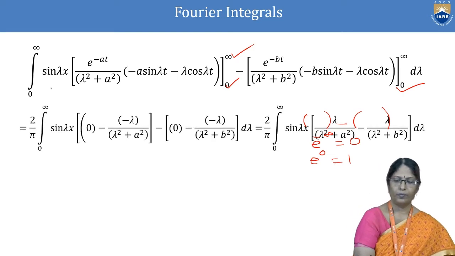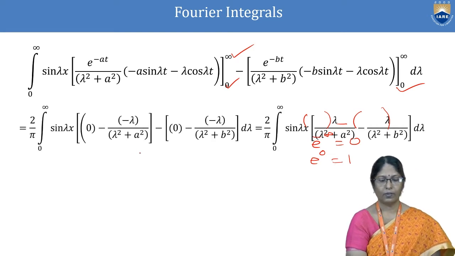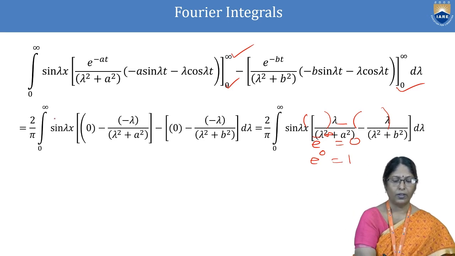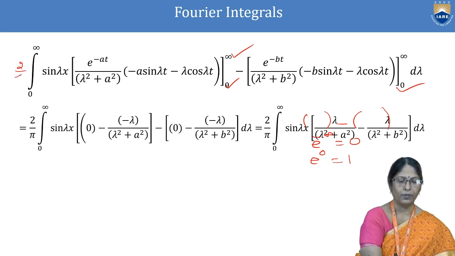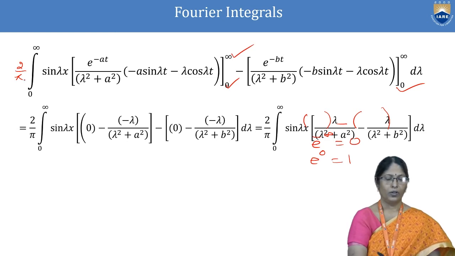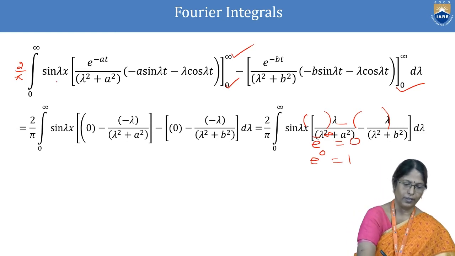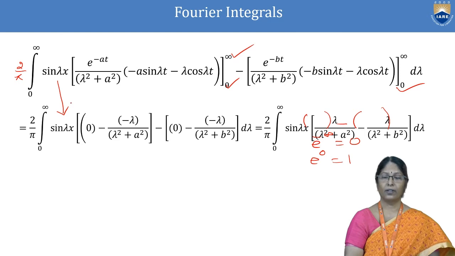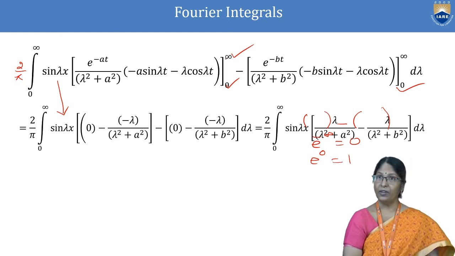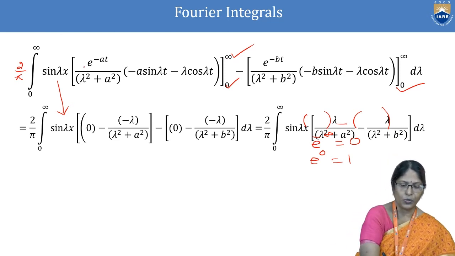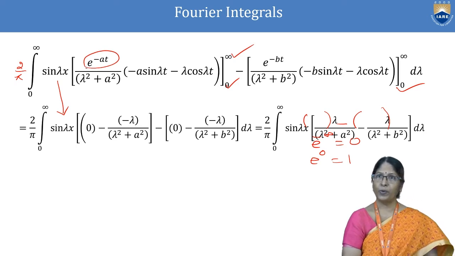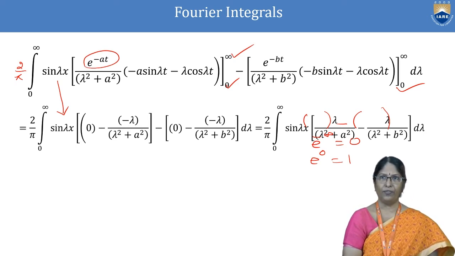Now we can see it here. Here also 2 by pi is there. 0 to infinity, this sine lambda x. The upper one is infinity, so we substituted here. It has become e power minus infinity.